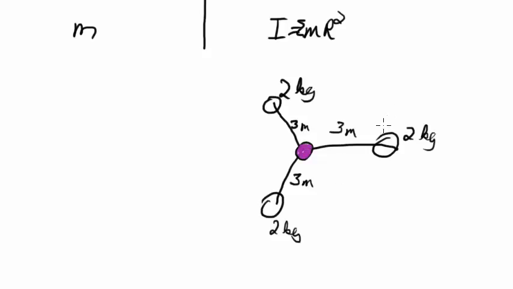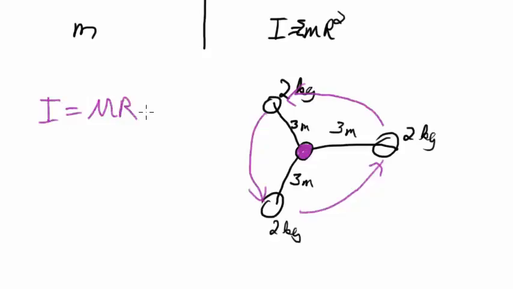In that case, the moment of inertia, as always, is the sum of the masses times their distance from the axis squared. That is going to be, for this one, 2 kilograms times a radius of 3 meters squared, plus for this one, it's also 2 kilograms times 3 meters squared.